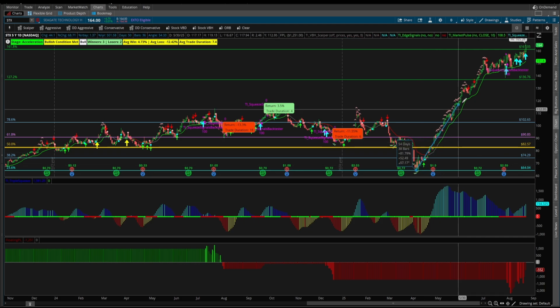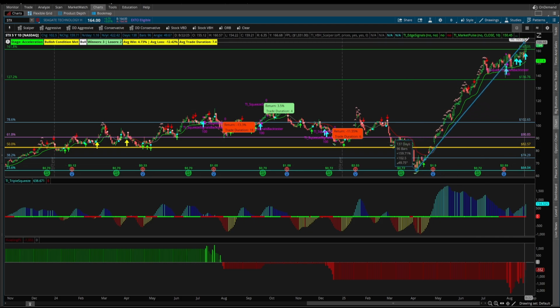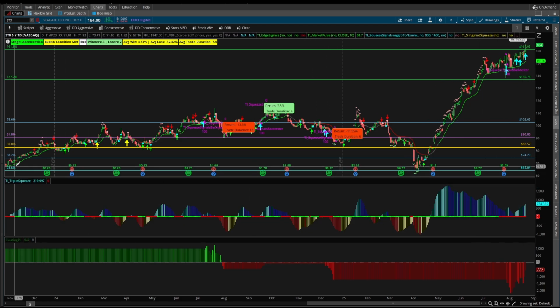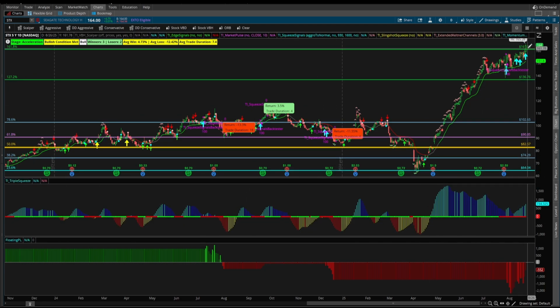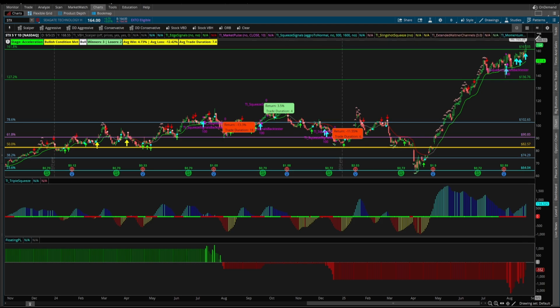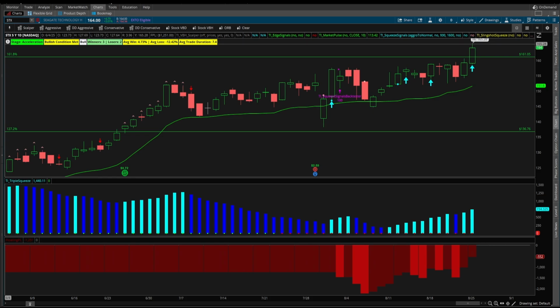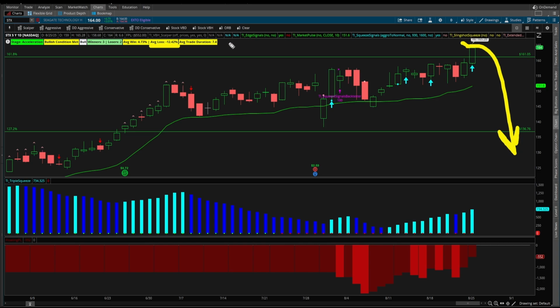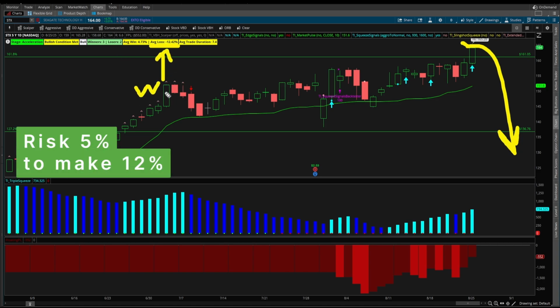Really since about April till this high from today, Seagate has rallied nearly 160% if we take a look at the extensions, from the 0.236 extension all the way up to the 1618. To me, it's time for Seagate to take a bit of a breather, and all of our stats are pointing to that as well. I'm looking more to play this to the short side, trying to get this average loss to be what I'm aiming for in terms of my winner on the bearish side.